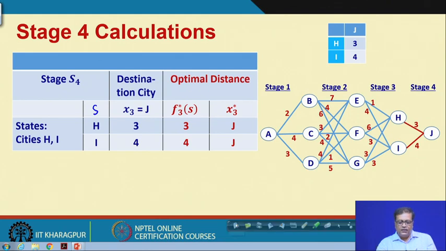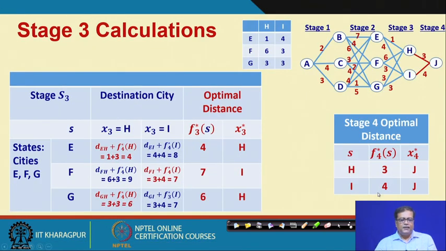So, having obtained this, next see how we go to our next stage, that is stage 3. Now, while we make our stage 3 computations, we must remember that we have calculated our stage 4 optimal decisions, where if S is H or I, then F star 4 S for H is 3, F star 4 S for I is 4, and x 4 star was J. So, we shall make use of these decisions in our recursive relationship.